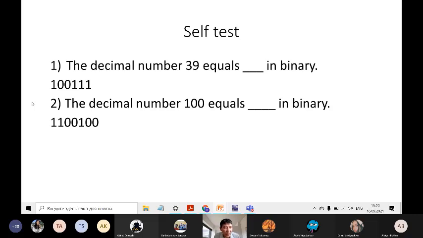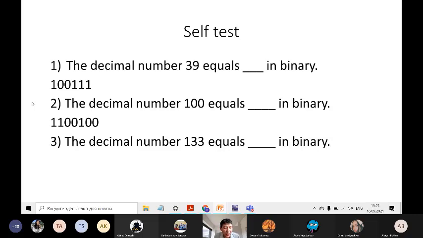Okay, so decimal number 133 equals what in binary? How much?